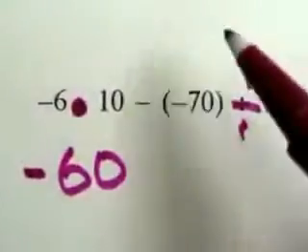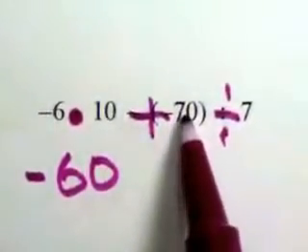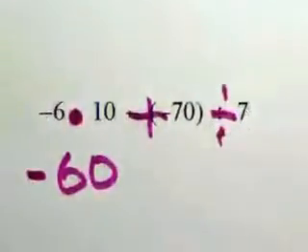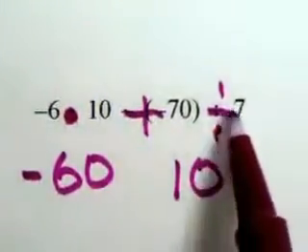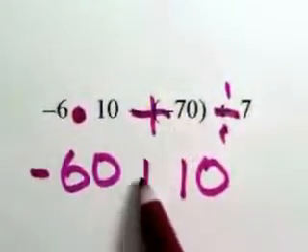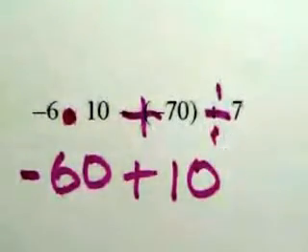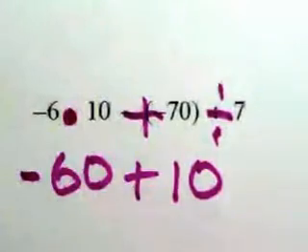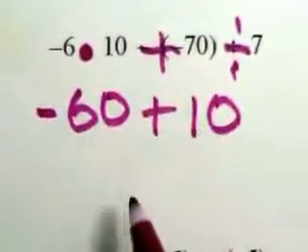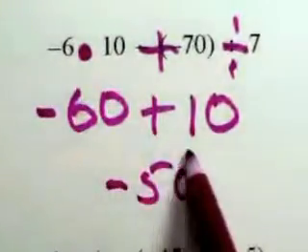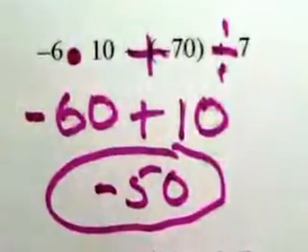And on this one right here, if you'd like to, you can have 2 negatives, you can make that a big plus. So I have 70 divided by 7. 70 divided by 7 is 10, and they're both positive, so therefore it's just a big plus. Plus 70, because it's positive. So negative 60 plus 10. Well, they're different. 60 boys, 10 girls. You just subtract 60, take away 10 is 50, and there's more negative.